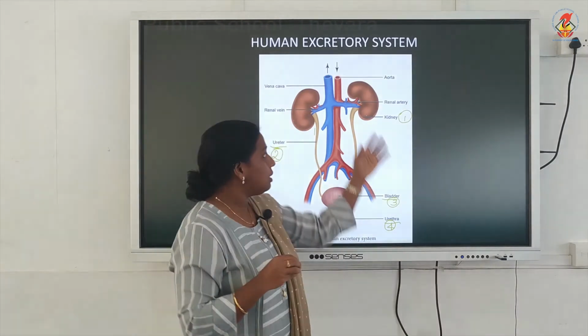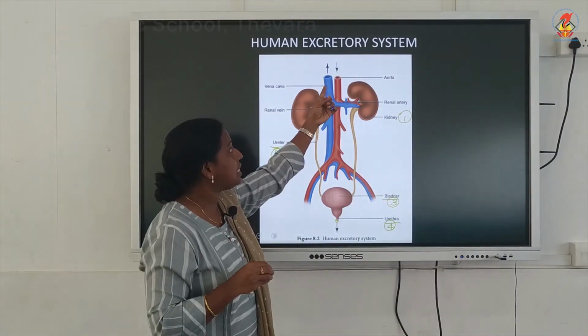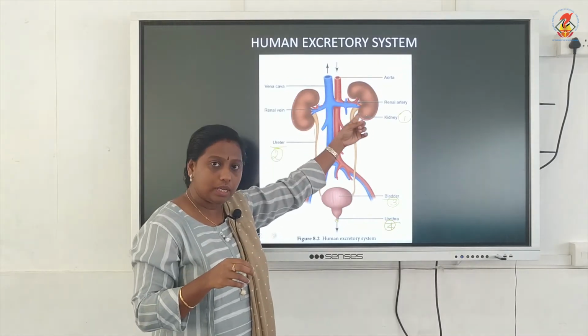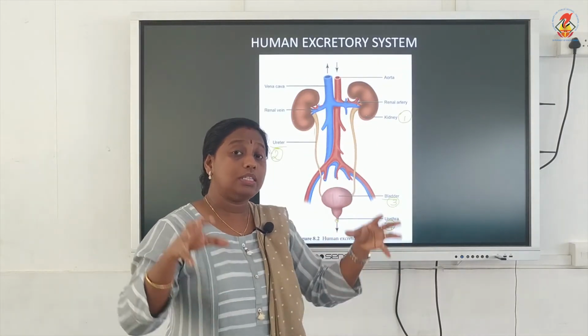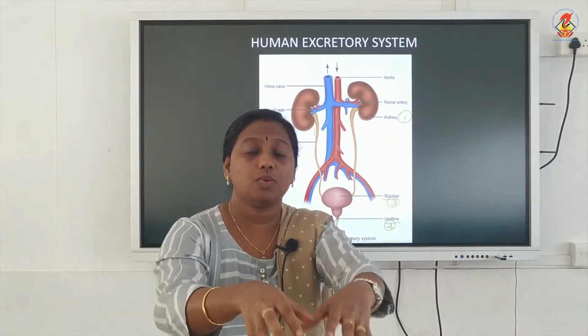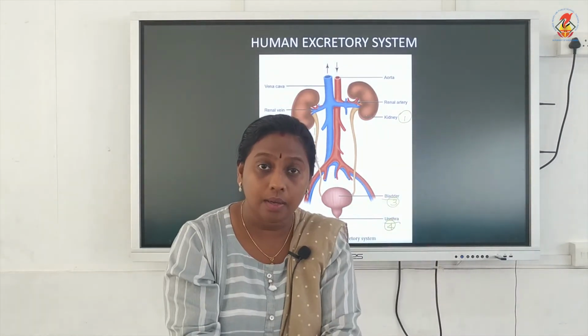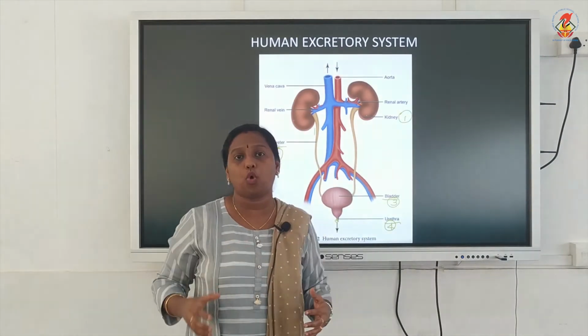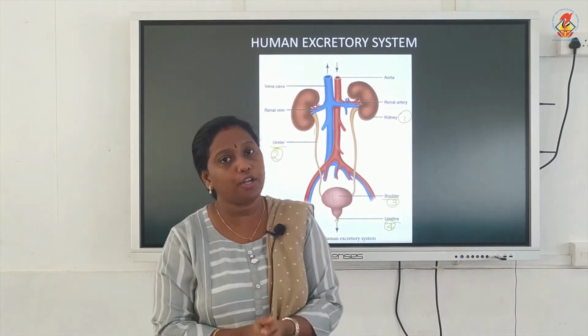So, understood? See the blood vessels here near the kidney; these blood vessels will be bringing the blood to the kidney. Once the blood is inside the kidney, it will be dumping all the waste which is inside it into the kidney. These waste materials which the kidney receives will be diluted with water and urine will be produced.